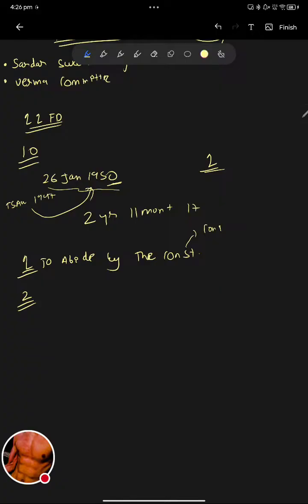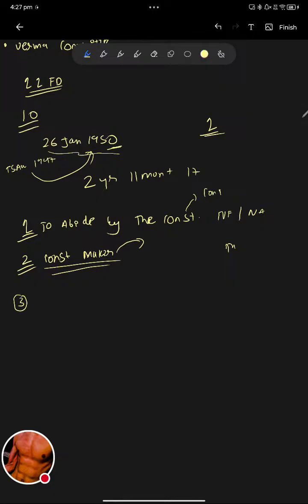And respecting your national flag and your national anthem. Then second is the constitution makers, in the sense of the freedom fighters, their ideology, if you want to follow that, this is a moral duty.